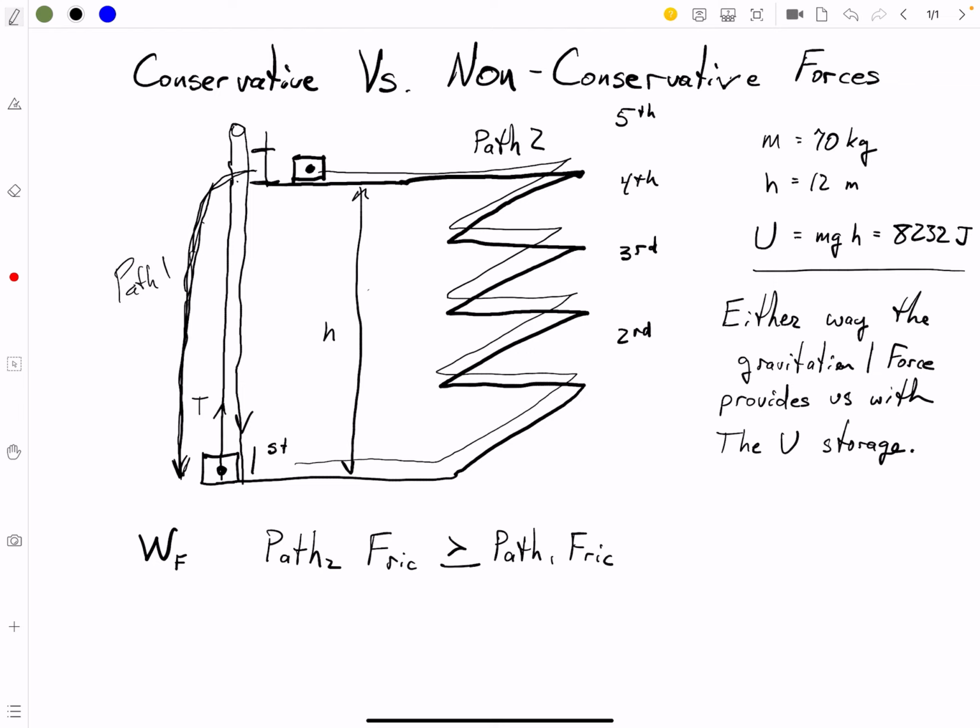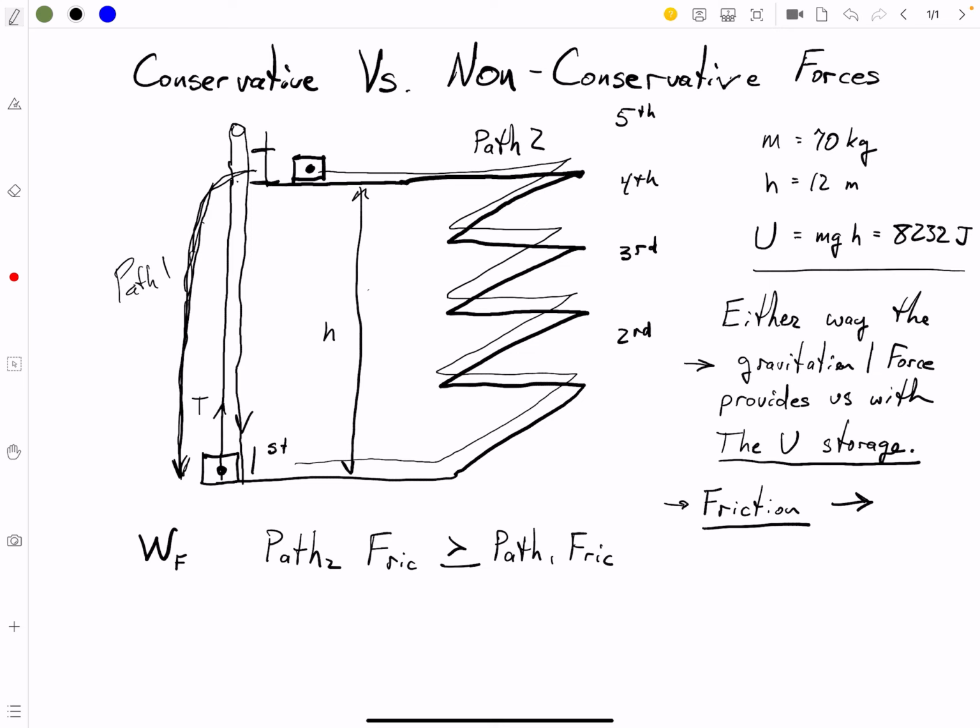Well, we're now looking at 2 different forces. One force is friction. The other force is gravity. So gravity allows us to store the potential energy. The friction does not. Once that friction takes energy out of our mechanical system, it goes away, never to return.